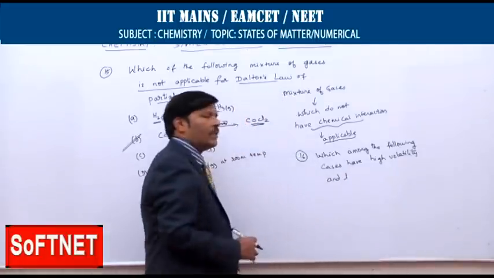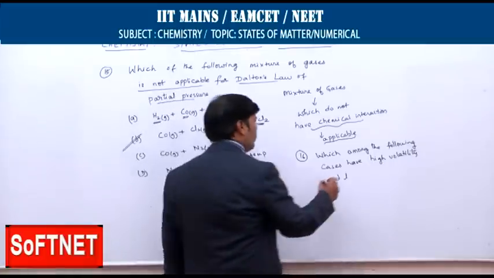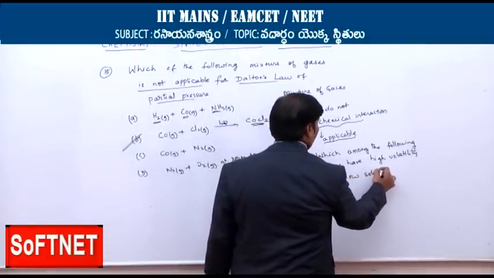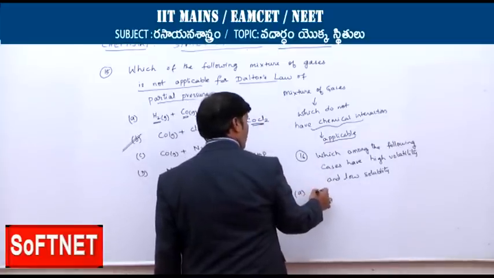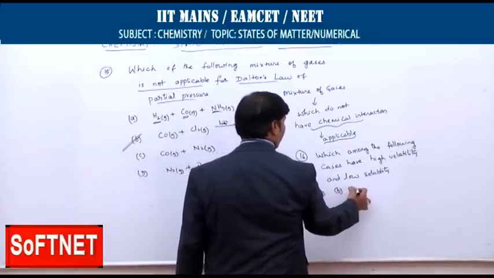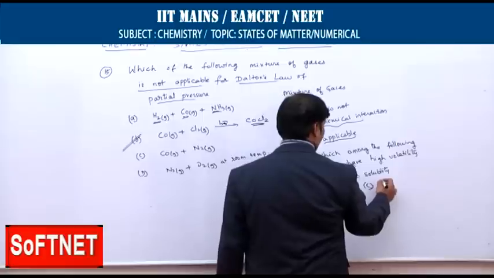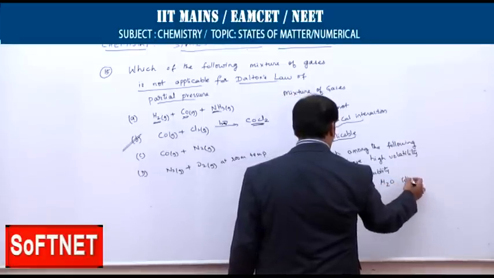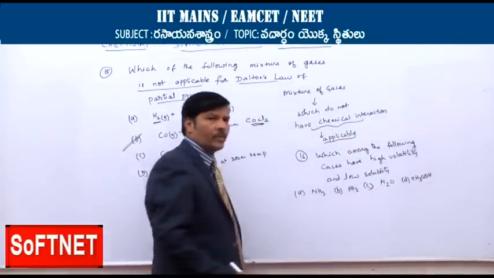High volatility means that is quickly evaporating and low solubility. Suppose I am taking A here ammonia, B phosphine, C we can take water, D acetic acid. Very simple question.